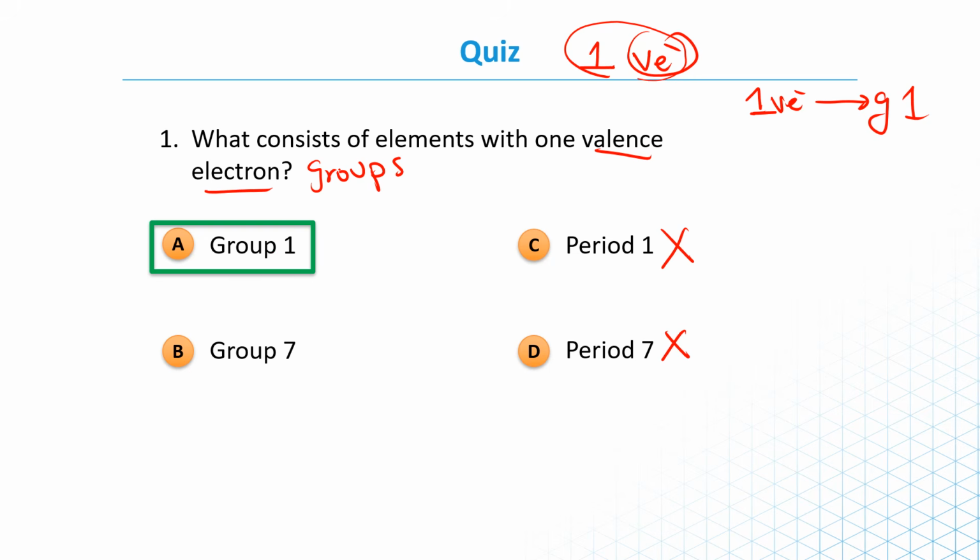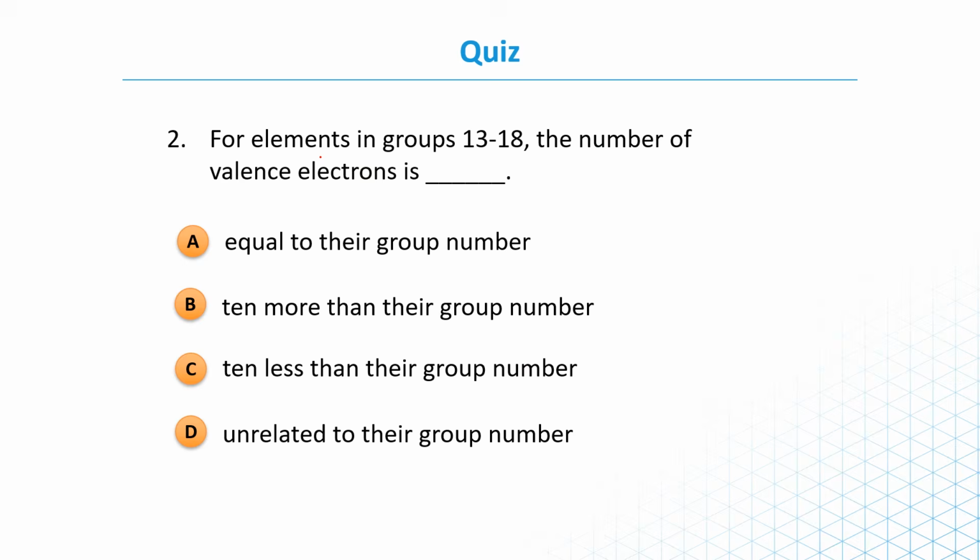All right? So, for elements in groups 13 to 18, the number of valence electrons is 10 less than their group number, 10 more than their group number, and so on. Remember when I told you the valence electrons and the group? I told you if you have one valence electron, you are in group 1.